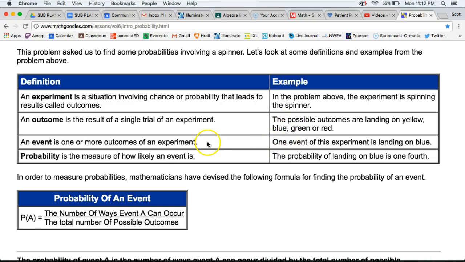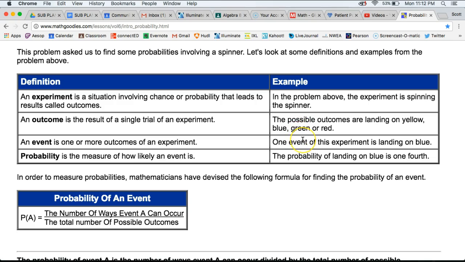Events and outcomes are sometimes confused, one for the other. An event is what actually happened. The outcome is what could possibly happen, if that makes sense. So there are 4 outcomes in the above situation or experiment. 4 possibilities: yellow, blue, green, red. That is before I spin the spinner.